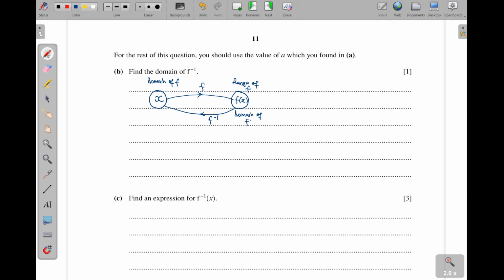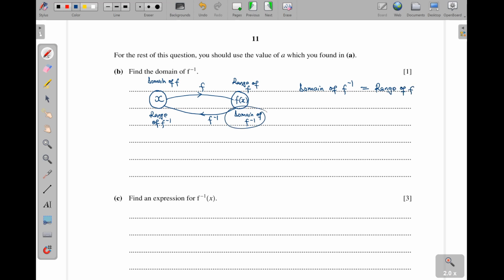of the inverse. And then what comes out is the range of that function, right? So from here, we can see that the domain of the inverse is the range of f.